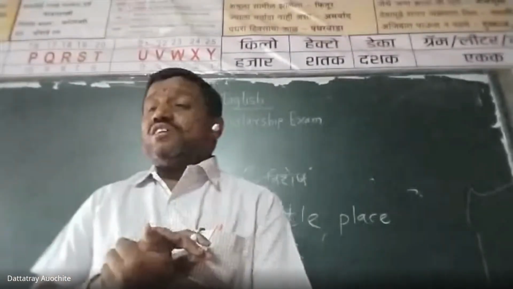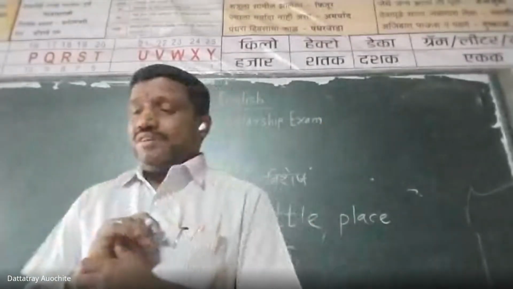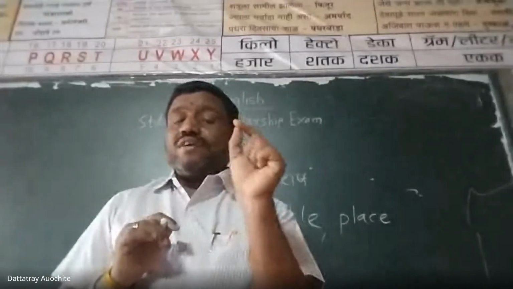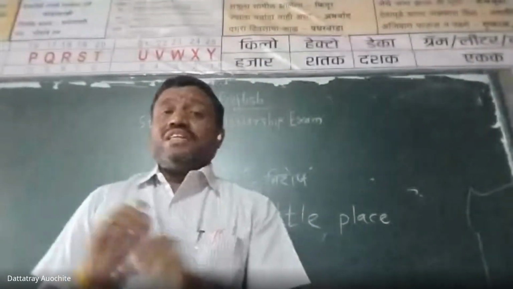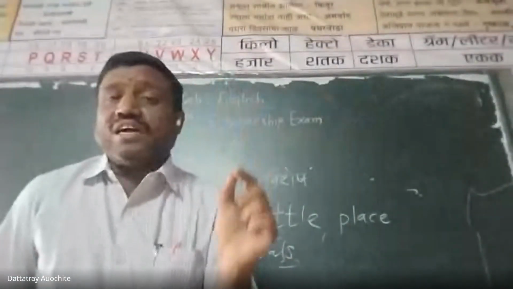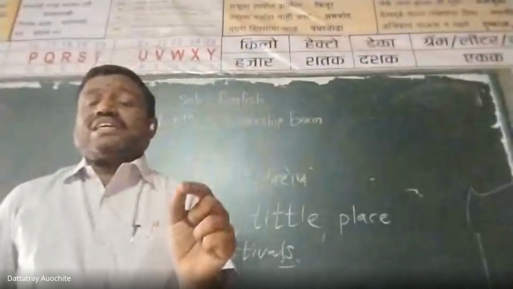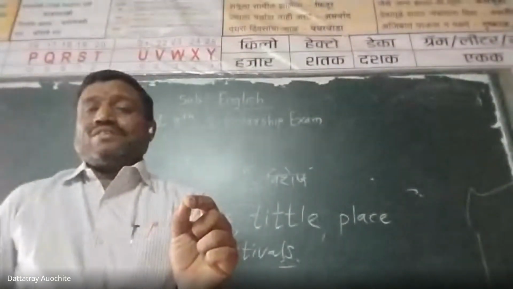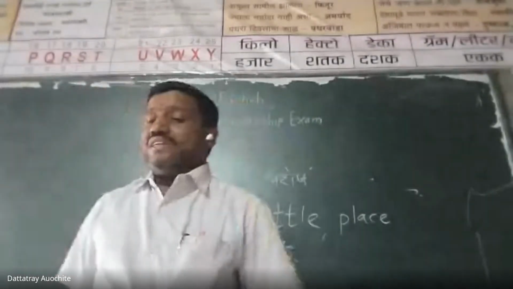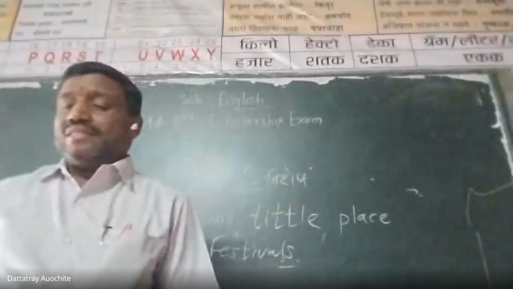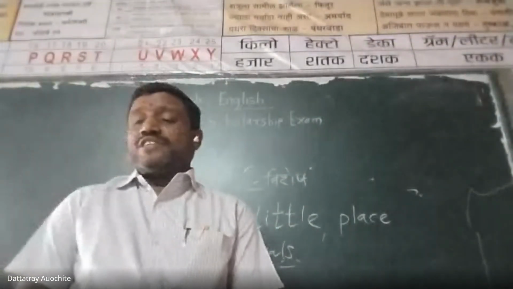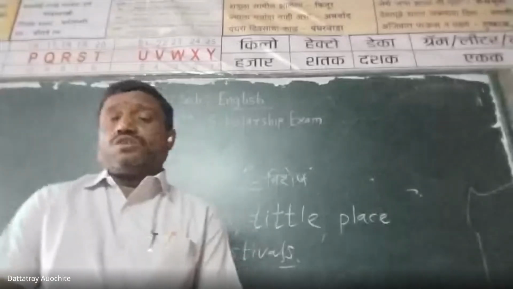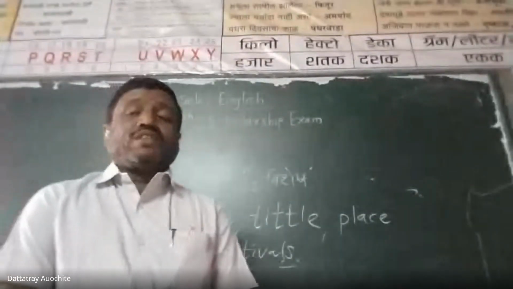So all these are what? Degrees. When we write these degrees in abbreviations, the letters are capital. So it should be written in capital form. Then some awards and rewards are also written beginning with a capital letter.